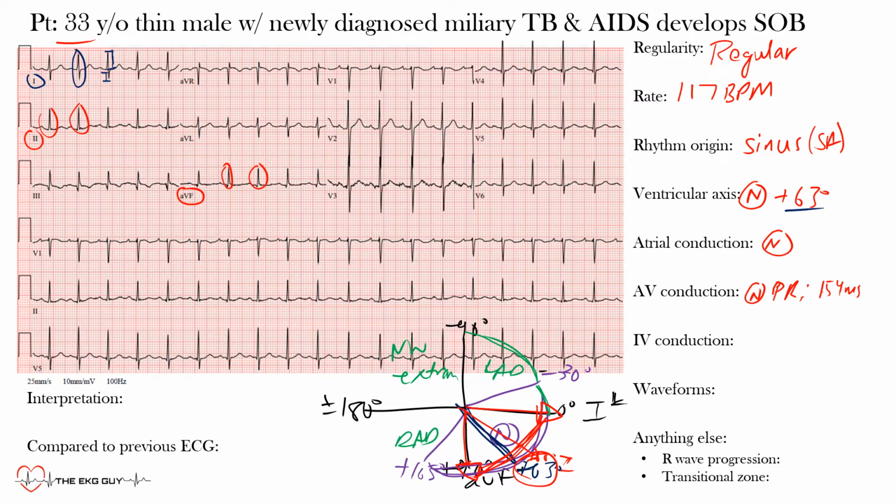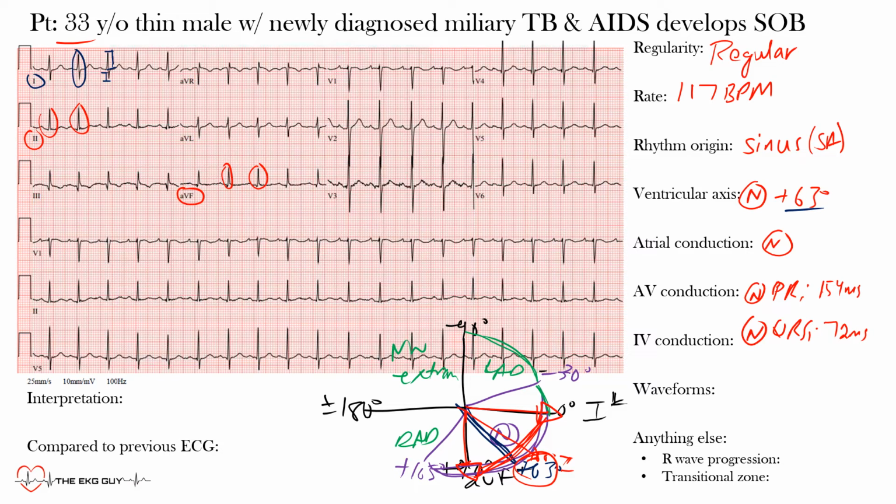The main thing we're looking for when we look at intraventricular conduction is whether or not the QRS interval is prolonged. On this ECG, we can see narrow QRS complexes that appear within normal limits. In fact, the QRS duration here is 72 milliseconds, which helps confirm that IV conduction is normal.